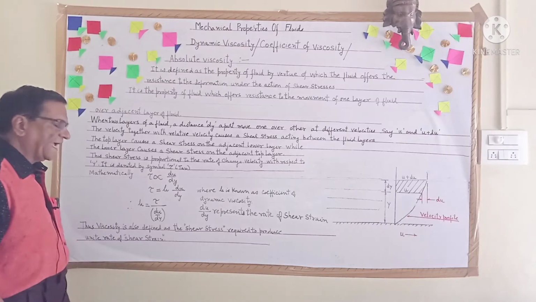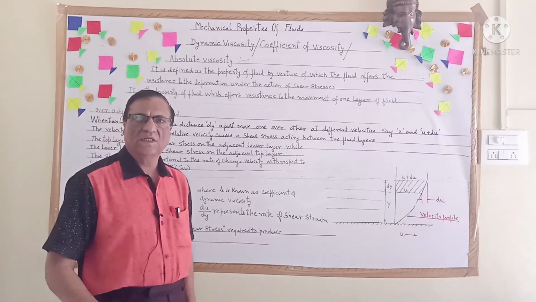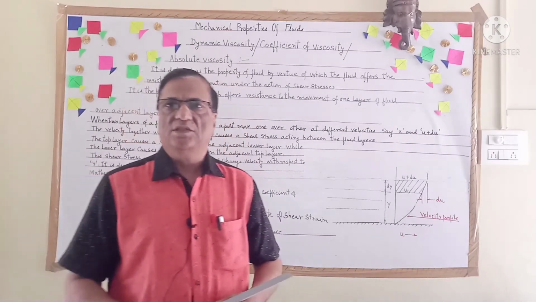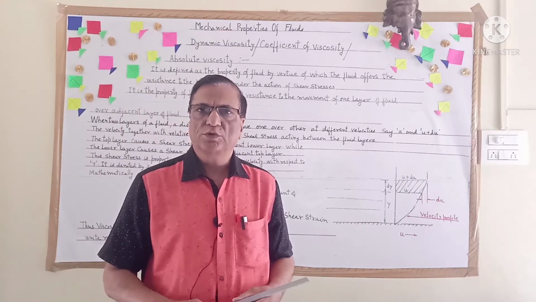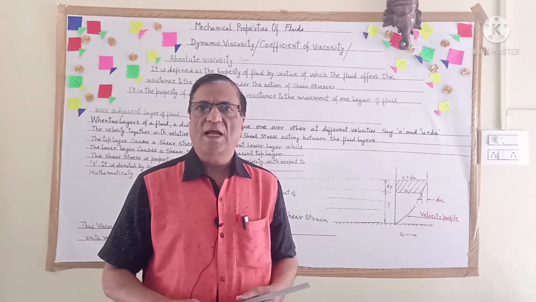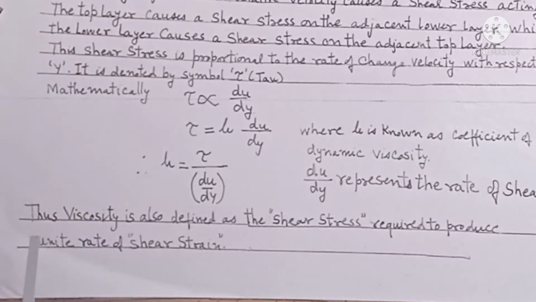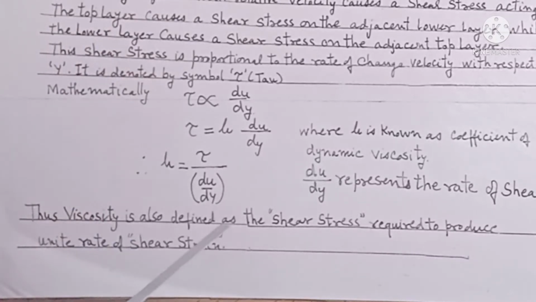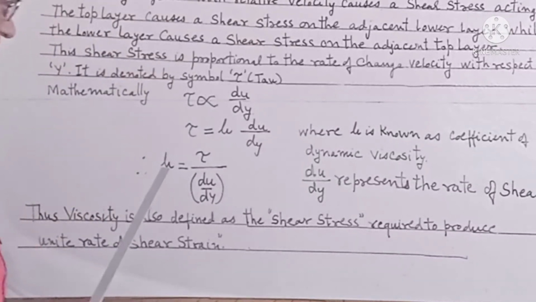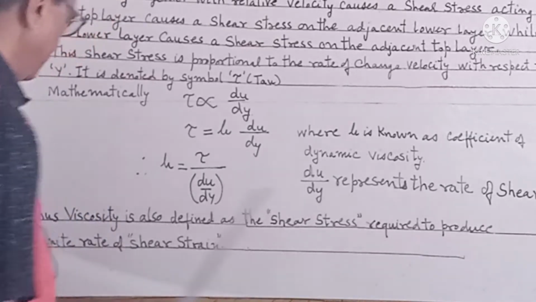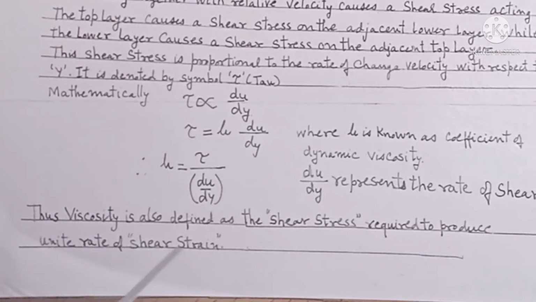So we can define the viscosity as the amount of shear stress required to produce unit rate of angular deformation, or thus the viscosity is also defined as the shear stress required to produce unit rate of shear strain.